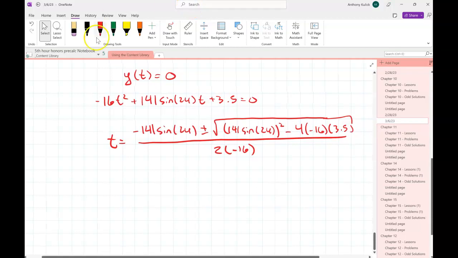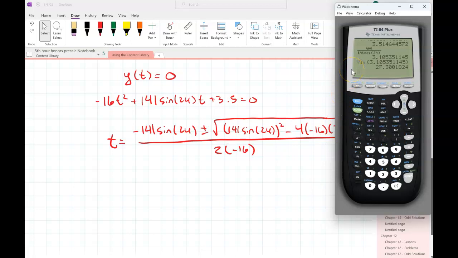I'm going to type that all into my calculator exactly as it's written there, except I'm going to need 2 lines because I have to do one for a plus and one for a minus. So alpha y equals fraction command negative 141 sine 24 plus square root parenthesis 141 sine 24 close the parenthesis squared minus 4 times negative 4 times 3.5.